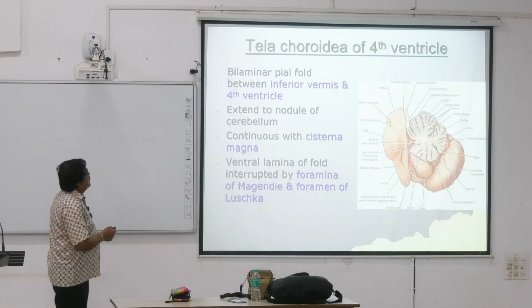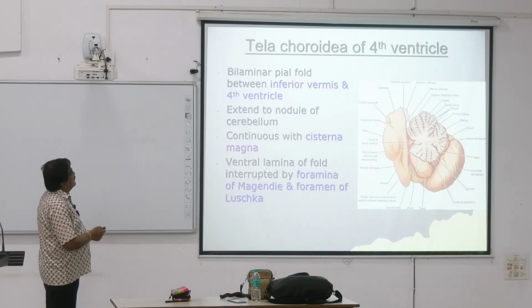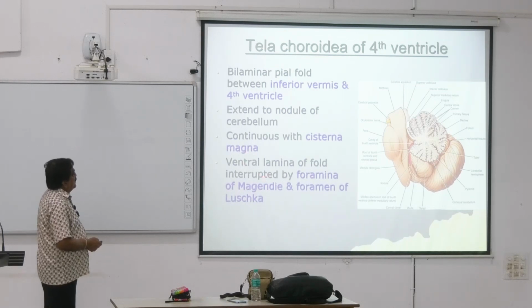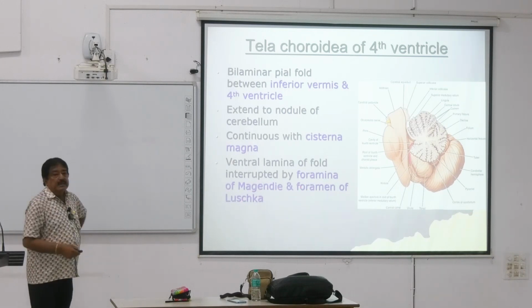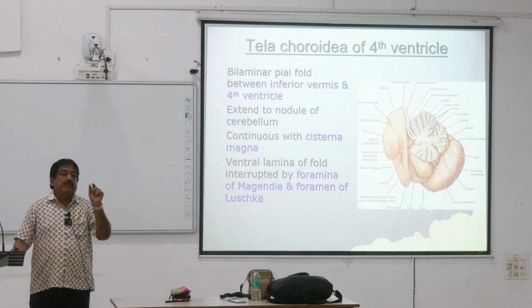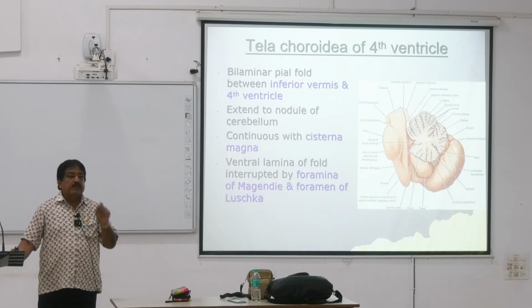Now, bilaminar tela choroidea of the fourth ventricle, a bilaminar pia fold between inferior vermis and fourth ventricle. The inferior vermis of the cerebellum extends to the nodule of the cerebellum, continuous with cisterna magna, ventral lamina of fold interrupted by foramen of Magendie and foramen of Luschka. Now, in MCQ it can be foramen of Magendie or foramen of Luschka.